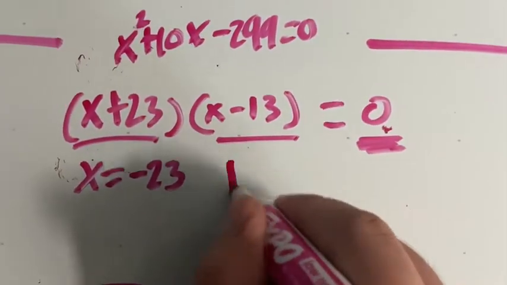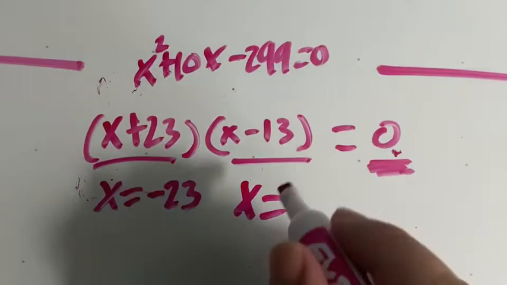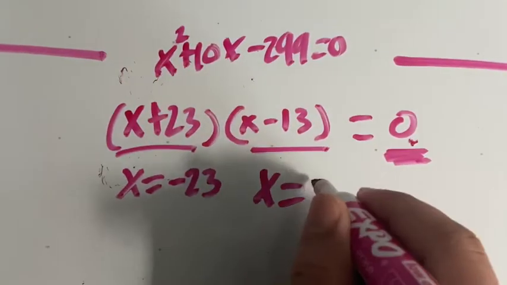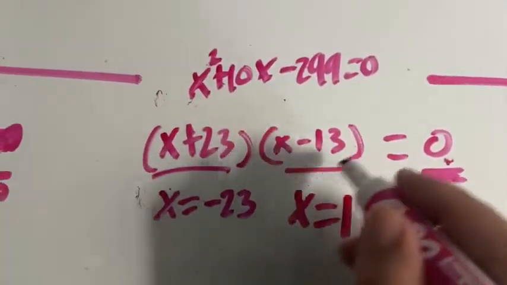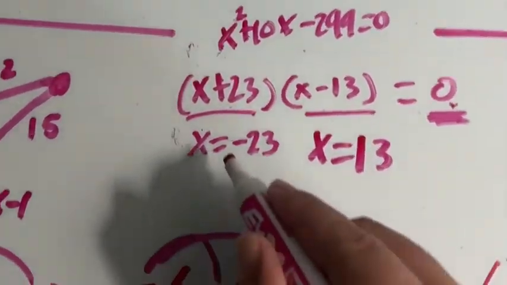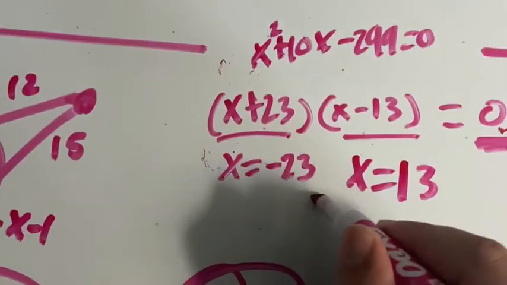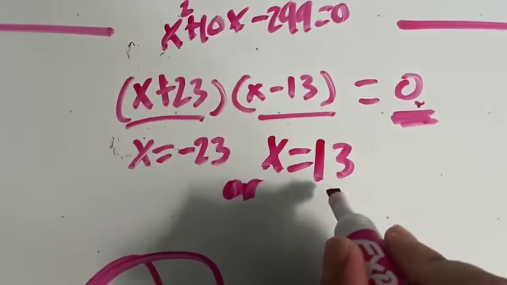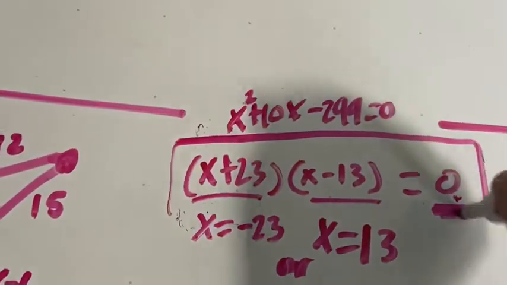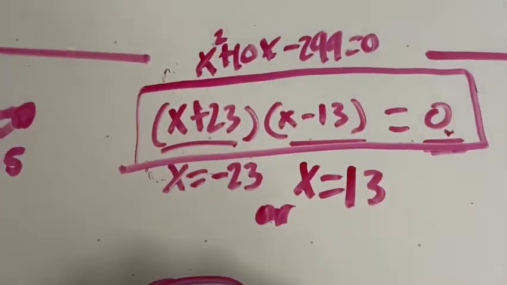Similarly, if x was any number here other than 13, then I wouldn't get 0 here. So x can be negative 23 or x equals 13 in order for this expression to be true.